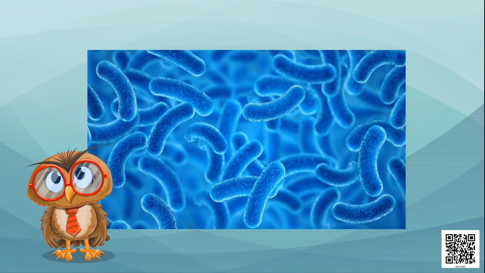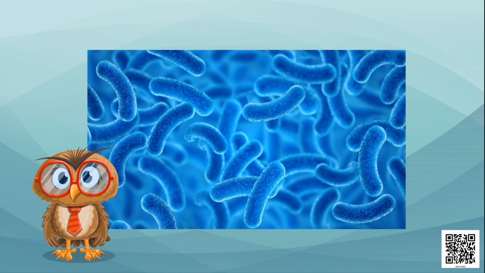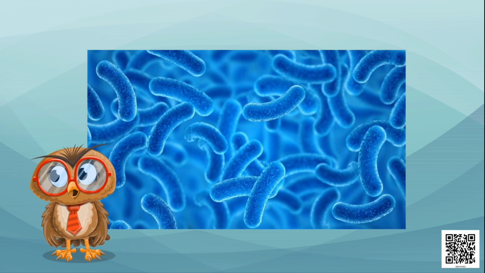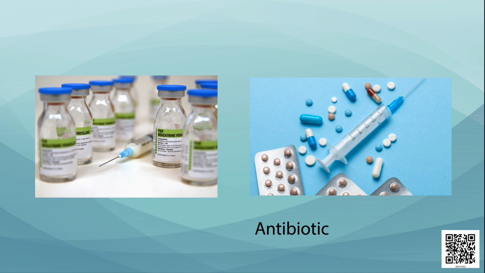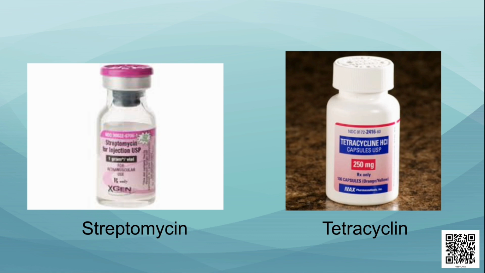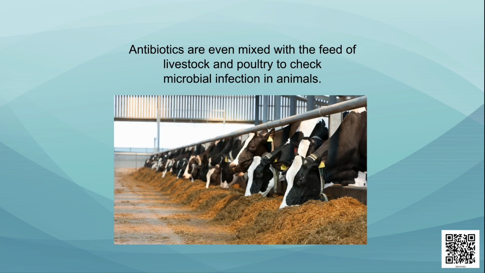These microorganisms kill or stop the growth of disease-causing microorganisms. Such microorganisms are called antibiotics. Examples of antibiotics are streptomycin, tetracycline, and erythromycin. Antibiotics are even mixed with cattle feed and poultry feed to check microbial infections.